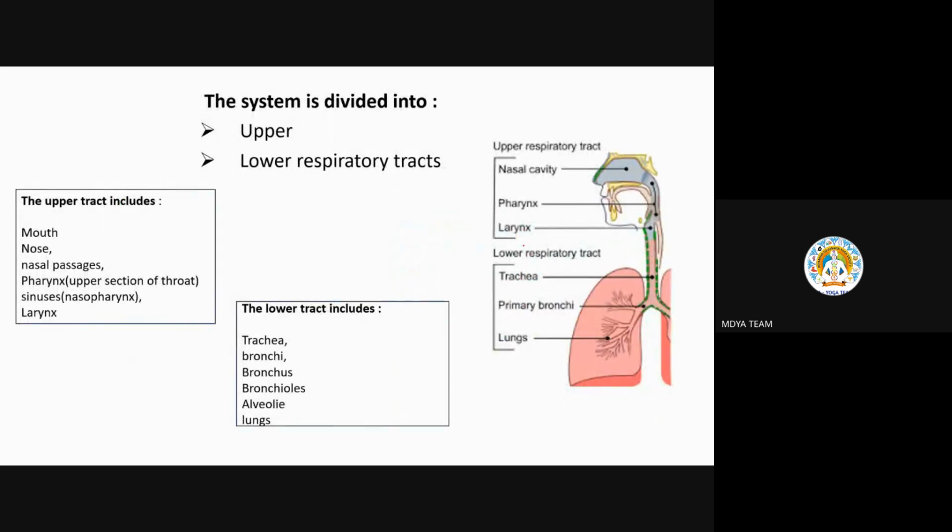This respiratory tract is divided into two: the upper respiratory tract and the lower respiratory tract. You all know this very well, but still, this is our upper respiratory tract, which involves your nostrils, mouth, pharynx, larynx, and all the sinuses, along with your mouth region.